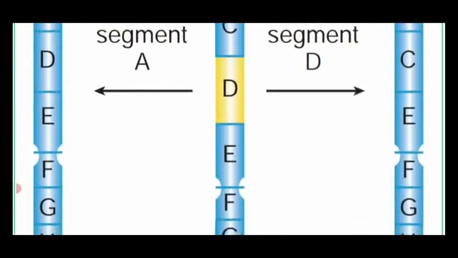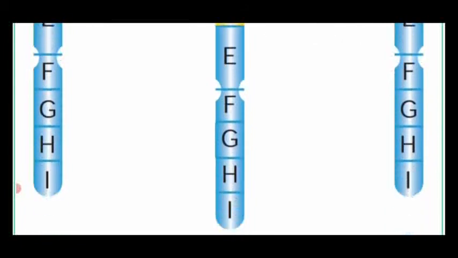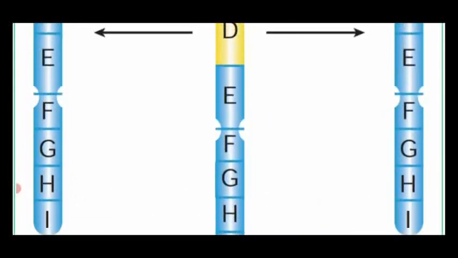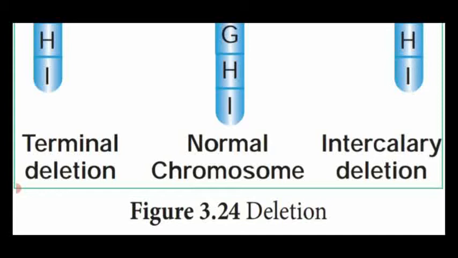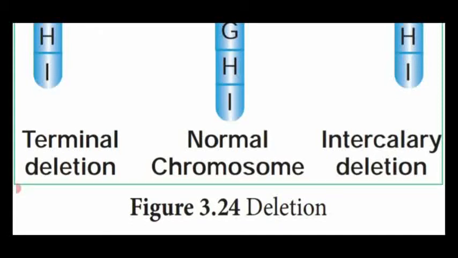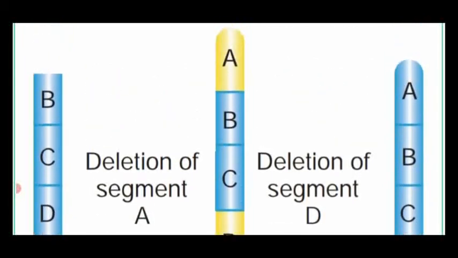Now coming to the third diagram, the middle portion of the gene segment, D, is deleted. That is said to be intercalary. Intercalary means middle or between. So these are the two types of deletion, terminal deletion and intercalary deletion. Terminal means the tip of the gene segment is deleted.